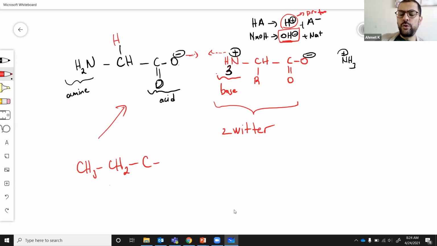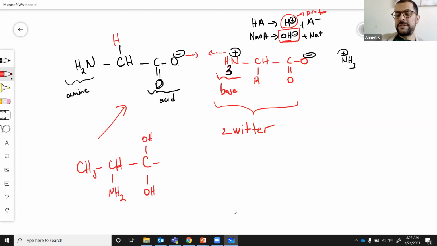Then you have OH here and OH here, with the same molecular weight, and let's put another nitrogen here somewhere. I'm not sure if there is such a molecule, but I'm sure you can make it. So as you can see, the molecular weight is going to be more or less the same.